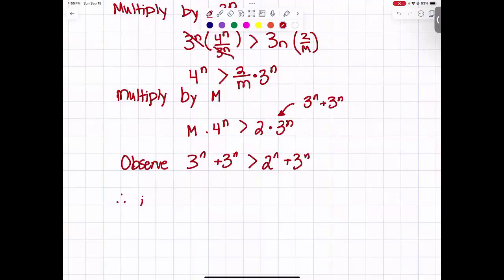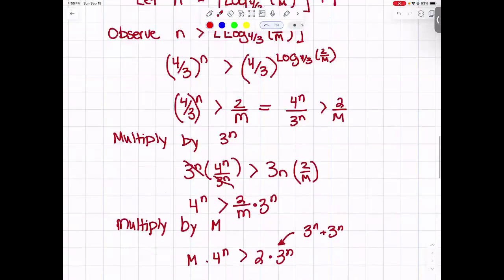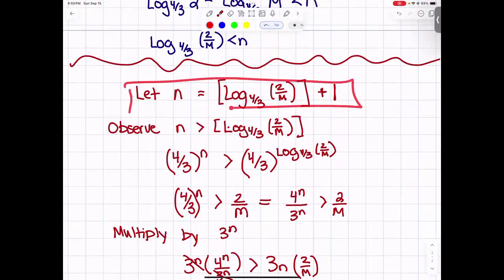Therefore, it follows that 2 to the n plus 3 to the n is strictly less than m times 4 to the n. And we have now proven what we meant to prove, given our initial n value being log base 4/3 of 2 over m, plus 1.